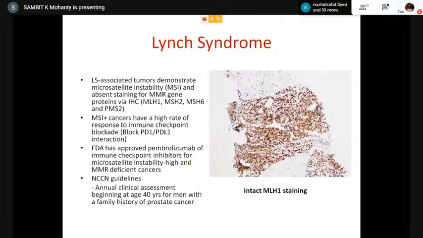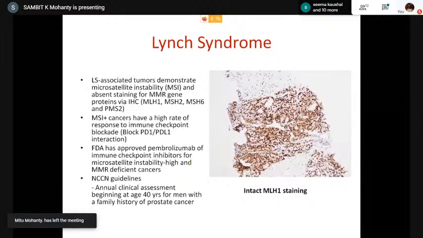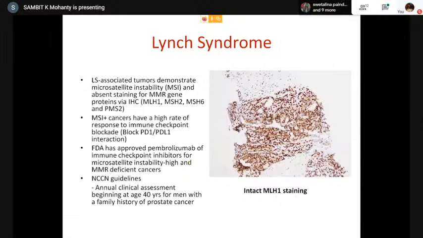If a tumor is microsatellite unstable, they have a high rate of immune checkpoint expression. That means they express a lot of immune checkpoint molecules, which is PDL1, on the tumor cell as well as on the infiltrating lymphocytes. So the FDA has approved pembrolizumab as an immune checkpoint inhibitor for microsatellite unstable high. When you say MSI high, that means you see it by doing mutational testing, either by single gene PCR or by NGS, or you are doing MMR deficiency looking at the IHC.